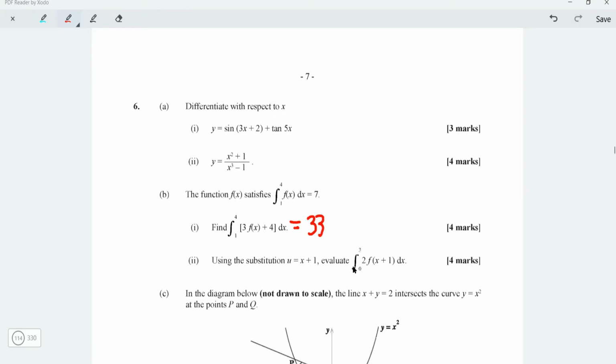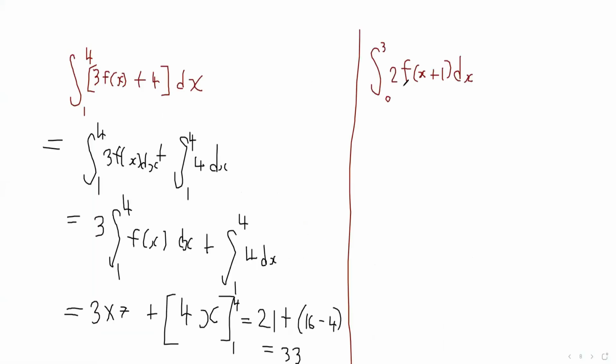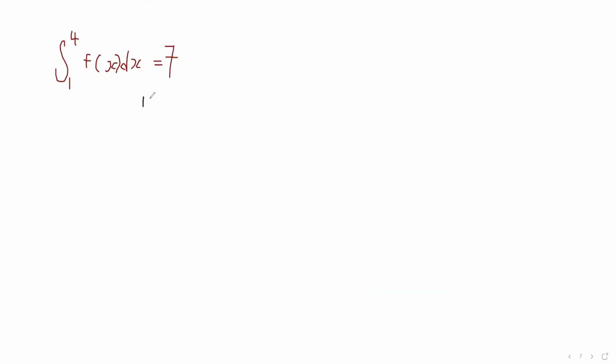Using u substitution, evaluate this integral. Going back around here, this is f of x. If we're supposed to use u as x plus 1, let's see what they're telling us. If this is u, then u minus 1 would be equal to x.